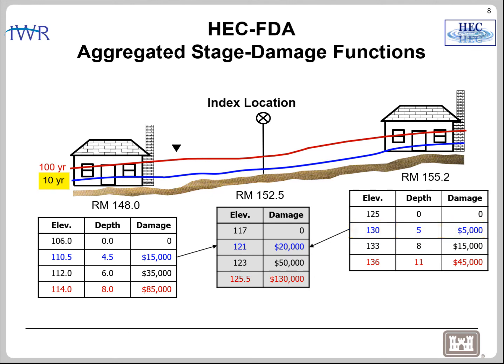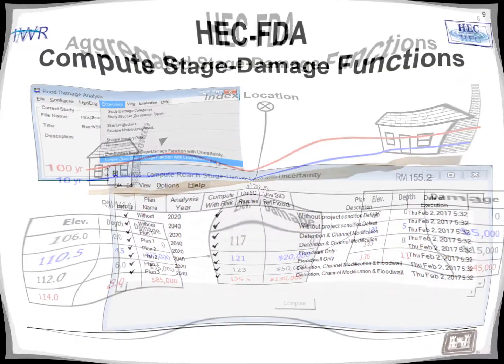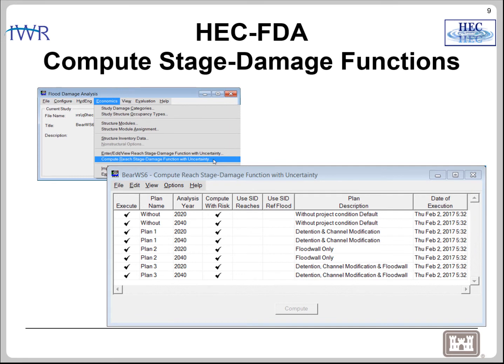Those damages are added together at the index location, and therefore the index location stage was 121, and therefore the aggregated damage was $20,000.